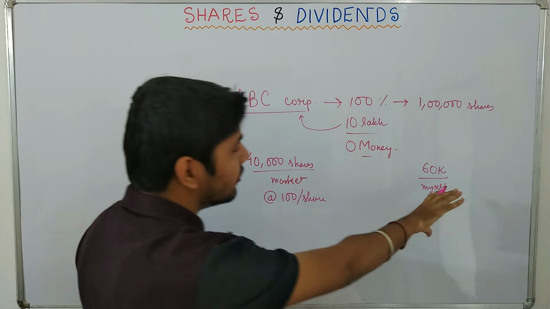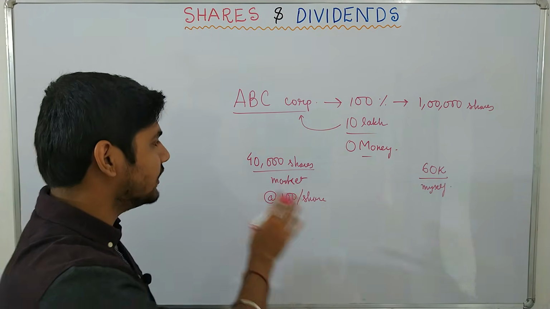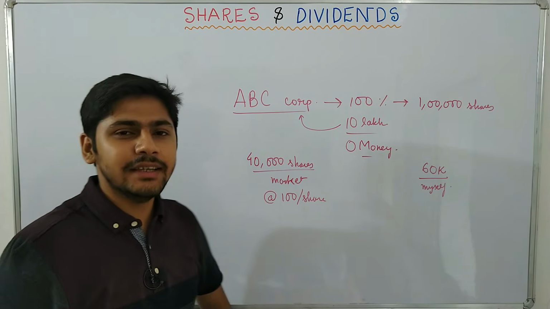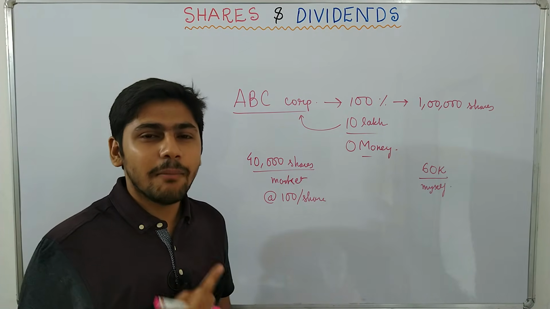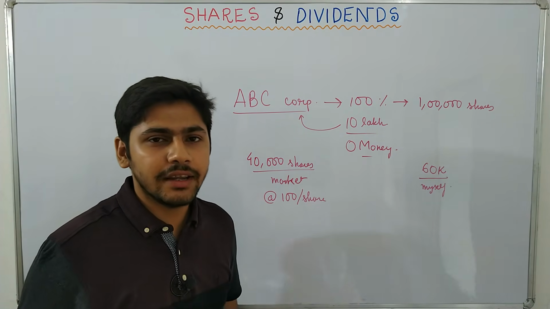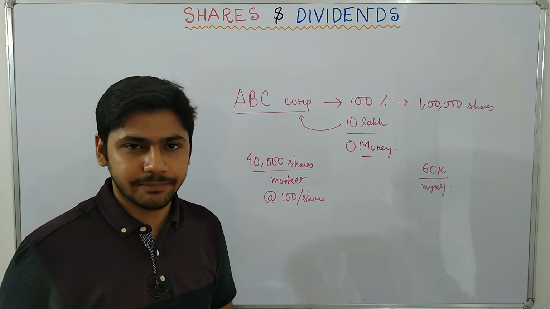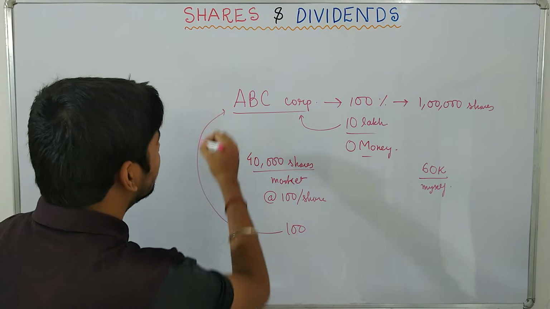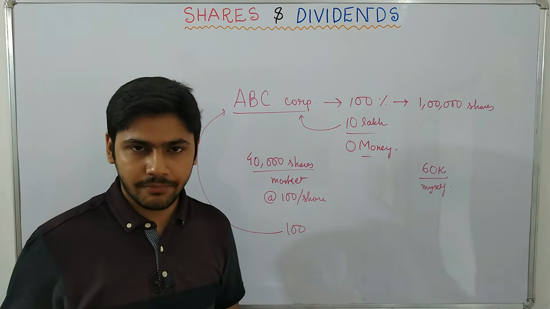We are not concerned about these 60,000 shares, we are concerned about these 40,000 shares. Now what does this mean? This means that if one person buys one share of my company, I'll get 100 rupees. That 100 rupees I can further use to reinvest in my company.